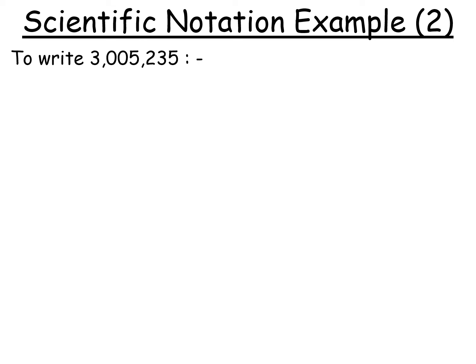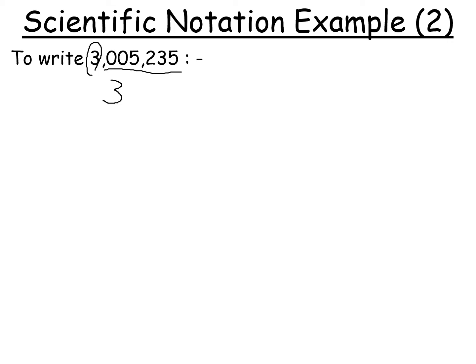Okay, so let's do this one. I'm not going to put the answer because I would like you to follow the process. So here we write down the first whole number, which is 3. Now this one's a bit of a pain because if you look at it, we've got 2 zeros and then we've got a whole bunch of numbers. So we can't ignore the zeros in this case because there are numbers which come after it.